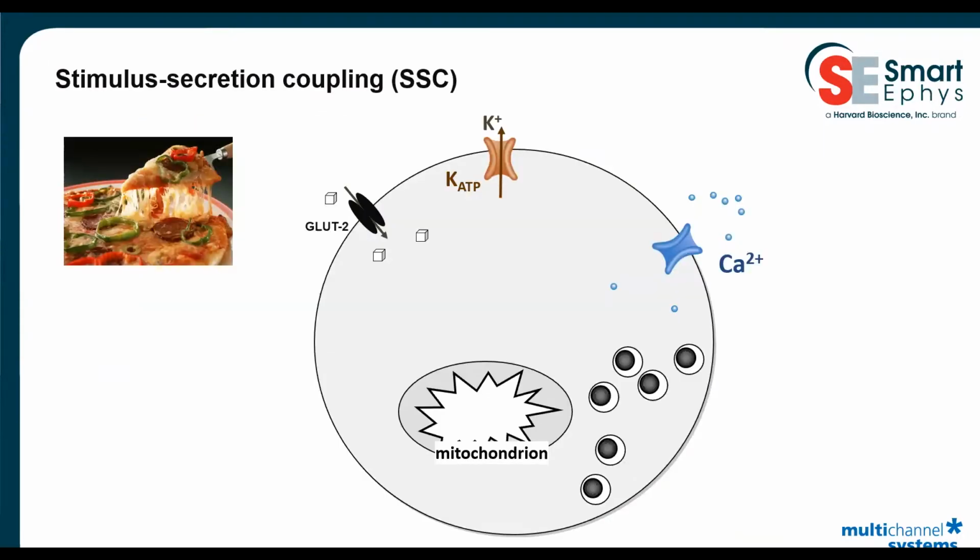Postprandial, after food intake, the blood glucose concentration increases and the glucose gets into the beta cells via glucose transporters. Inside the cell it gets metabolized via glycolysis, and energy-rich substrates are transported into the mitochondria where ATP is produced. In the close vicinity of the KATP channels, the ATP-ADP ratio increases.